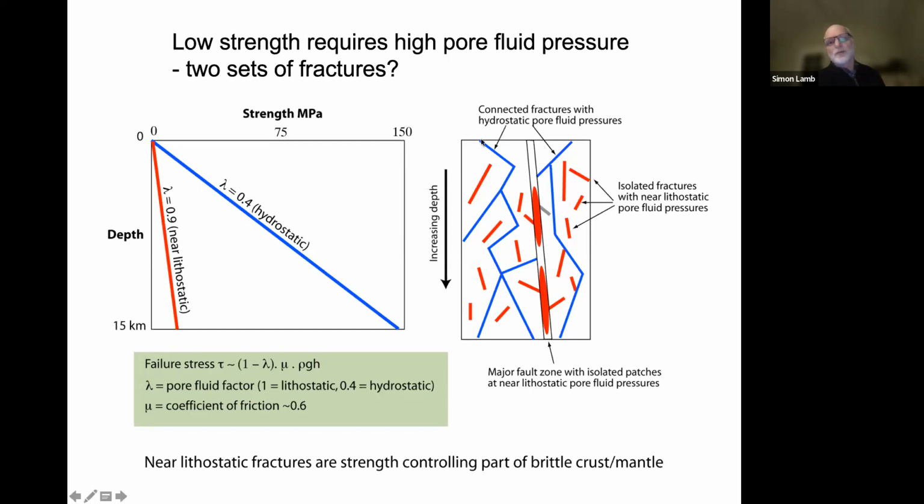And these must be disconnected fractures, which are at very high pore fluid pressures. Then you have systems where those disconnected fractures are organized into fault zones, and those are the systems which will fail as big faults every few hundred years or so.